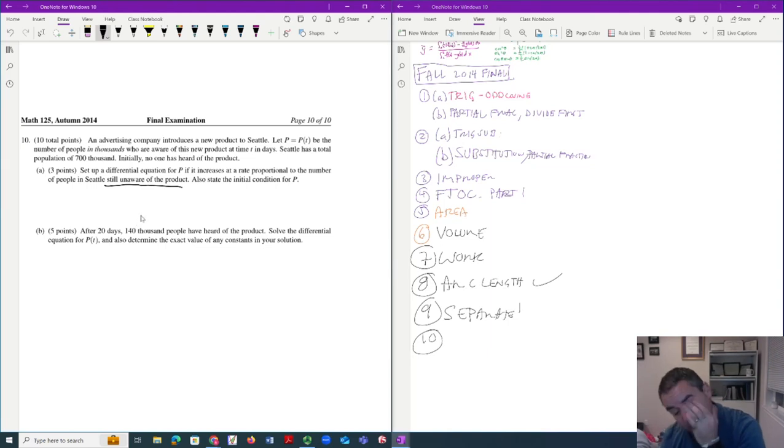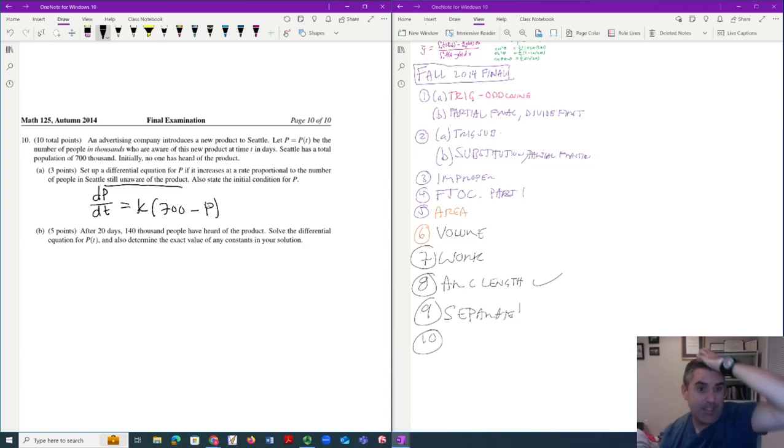I think this is a little more advanced than what we currently ask, but let's try to translate this directly. I have something like this on my practice sheet. The rate of change is proportional to the number of people that are unaware of the product. That's going to be 700,000 minus P.